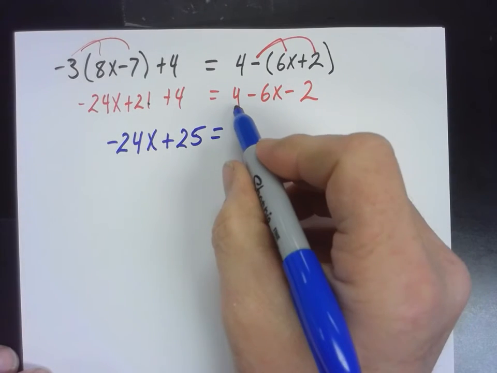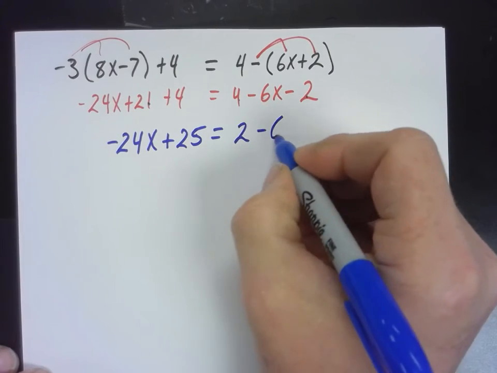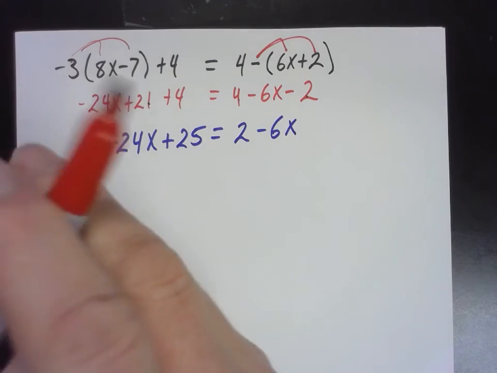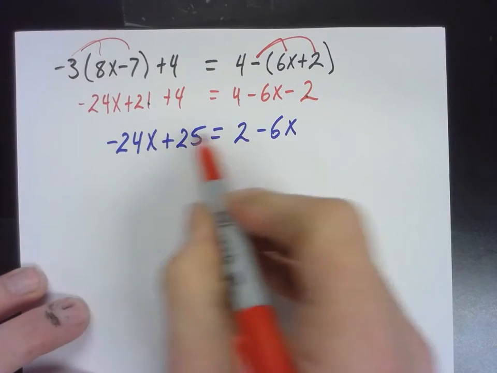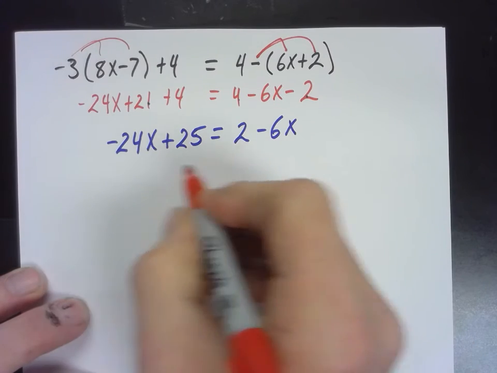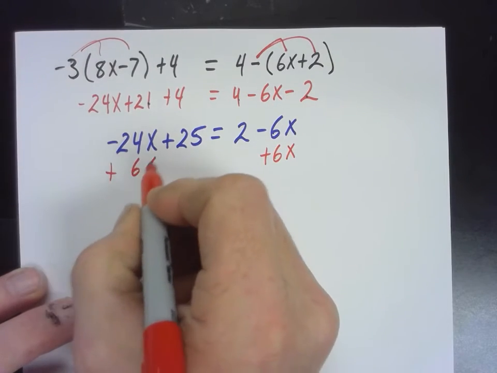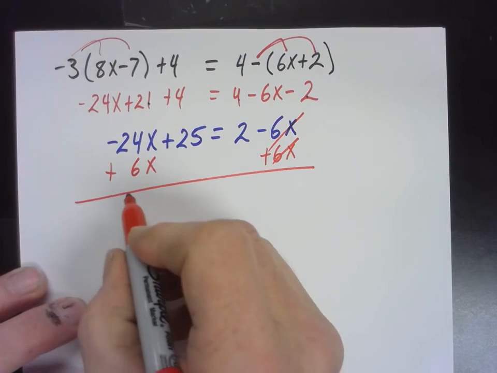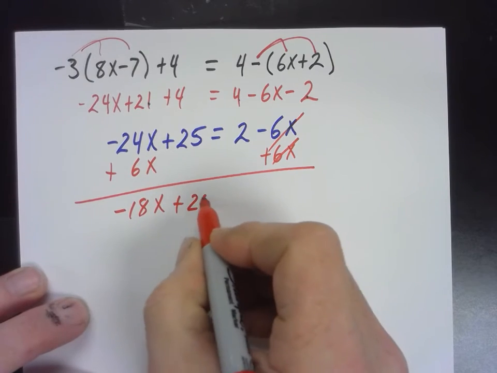And over here, the 4 and the negative 2 can go together and give us a 2. And this is kind of what we're talking about today. If I don't want something on one side like this, I could add 6 times x to both sides so that these add up to 0. So this is negative 18x plus 25 equals 2.